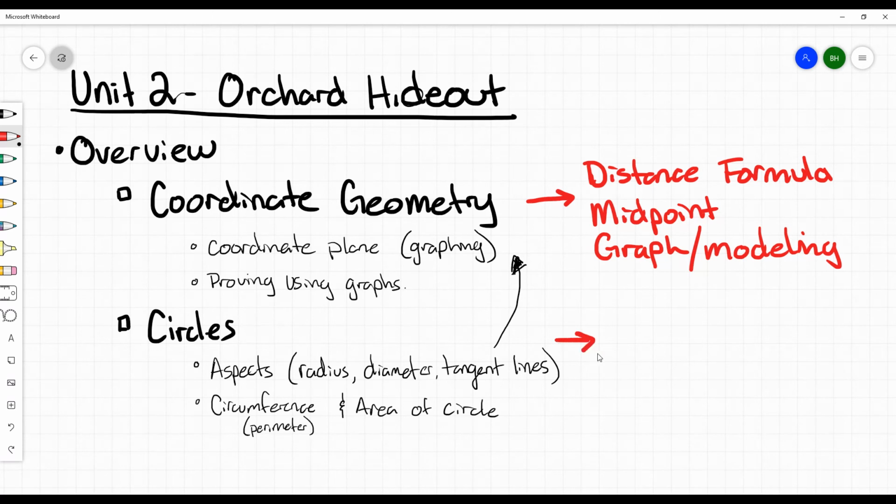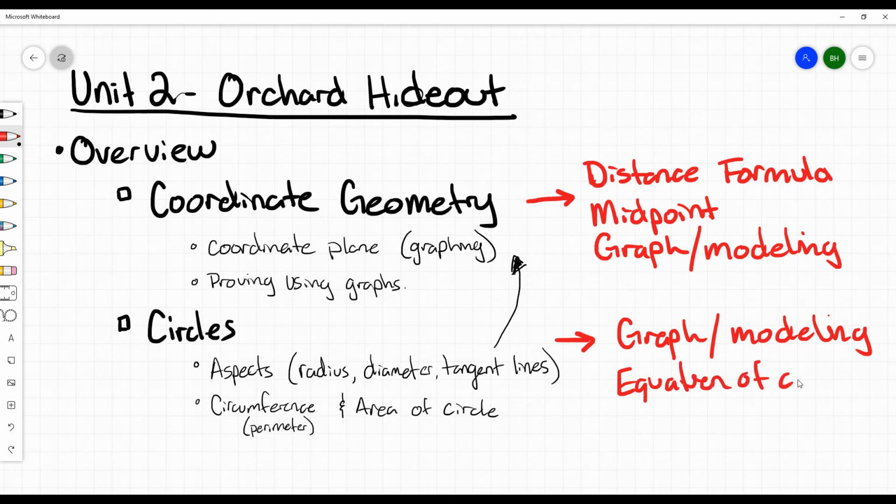And then for circles, once again, we're going to be looking at the graphing component or modeling using circles. We're going to be looking at the equation of a circle. And then how do we derive other information from circles when we're only given a certain piece of information?